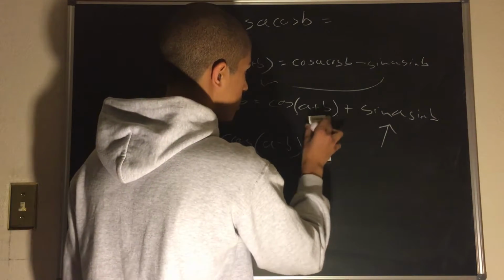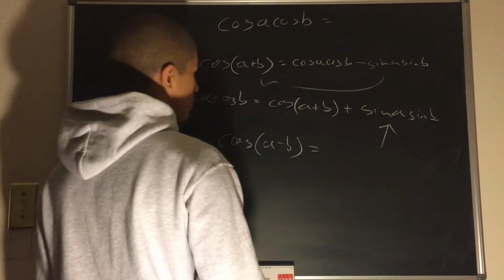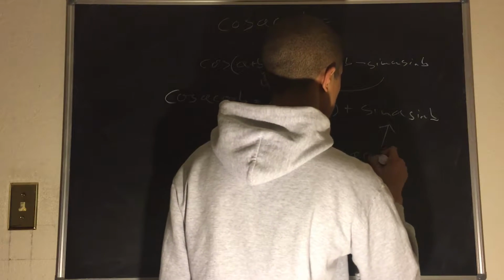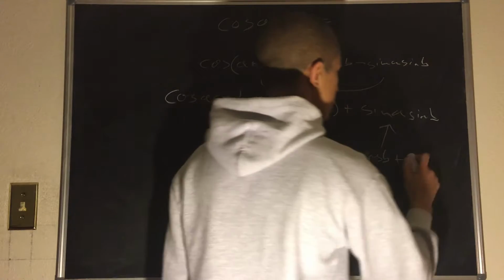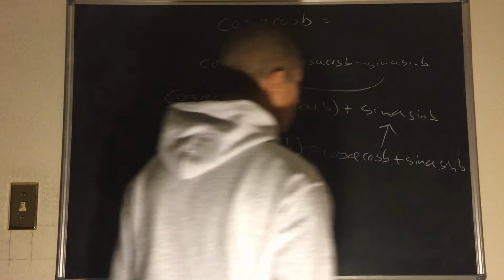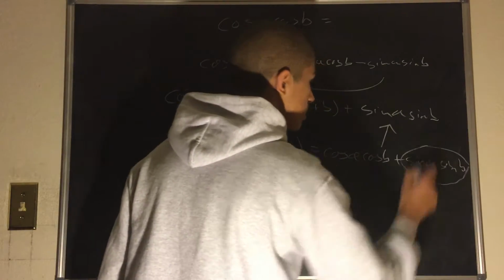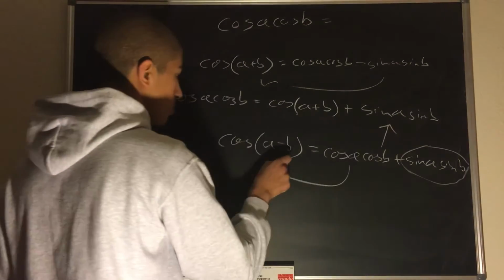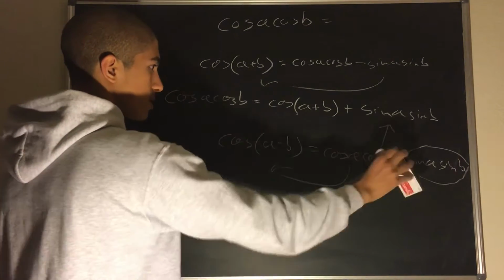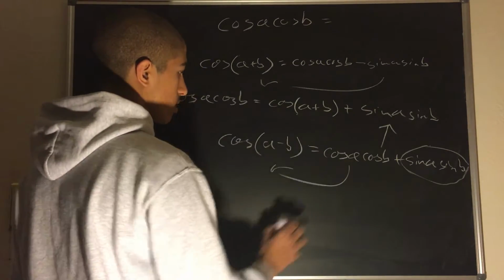So cosine of A minus B is equal to cos A cos B plus sin A sin B. Now, we wish to isolate sin A sin B, so we can subtract cos A cos B, and then we get sin A sin B is equal to cos of A minus B minus cos A cos B.